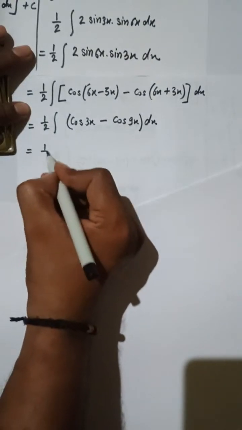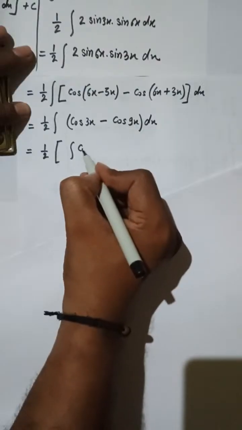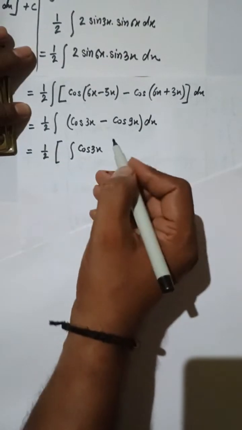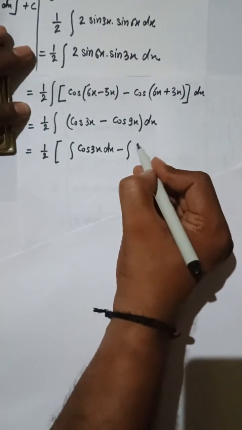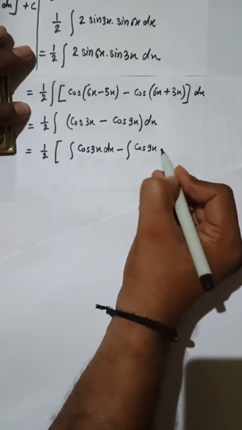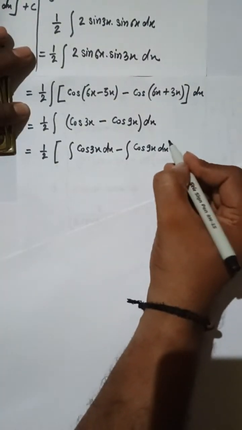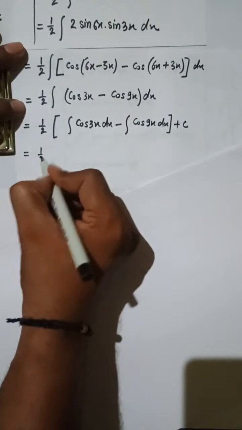Now I have 1 by 2 and then integration, I'm going to subtract both: cos 3x dx negative cos 9x dx, and plus c over here.